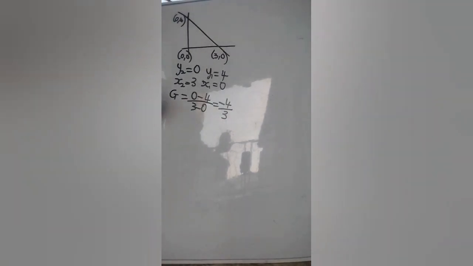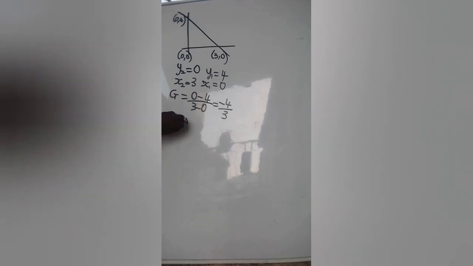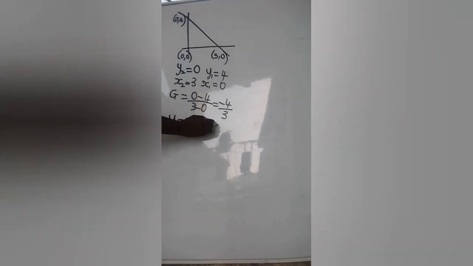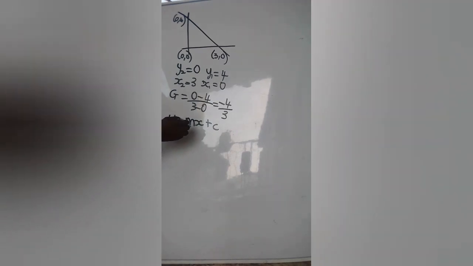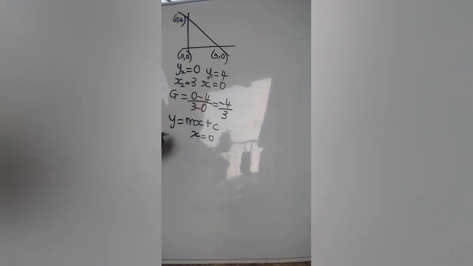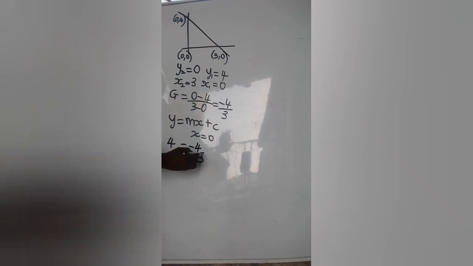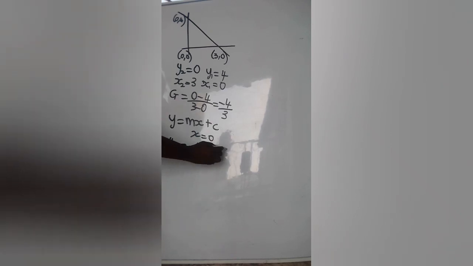And the line equation is y equal to mx plus c. At x equal to 0, we have that y is 4. When x is equal to 0, y is equal to 4 here. So we now start: y equal to 4 is equal to m, our gradient, minus 4 over 3 x plus c.